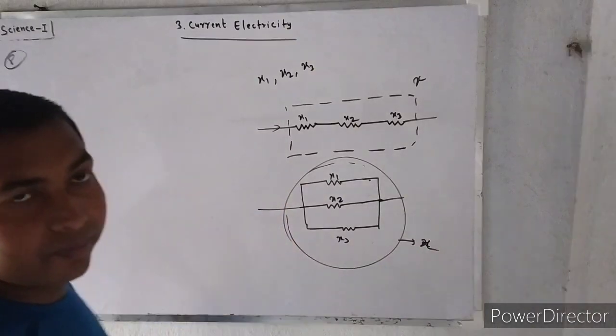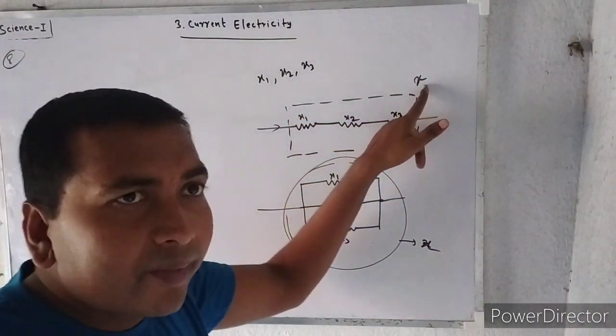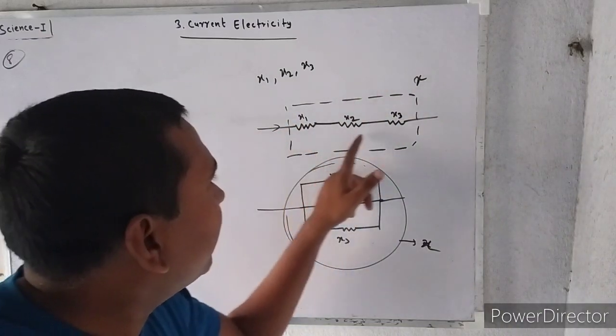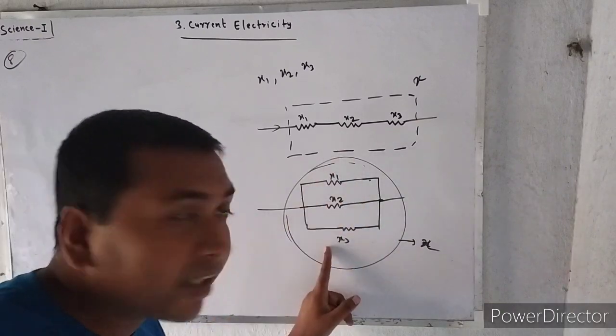This is given. Now you tell me one thing. X is the effective resistance for resistors connected in series, and X is the effective resistance when resistors are connected in parallel.